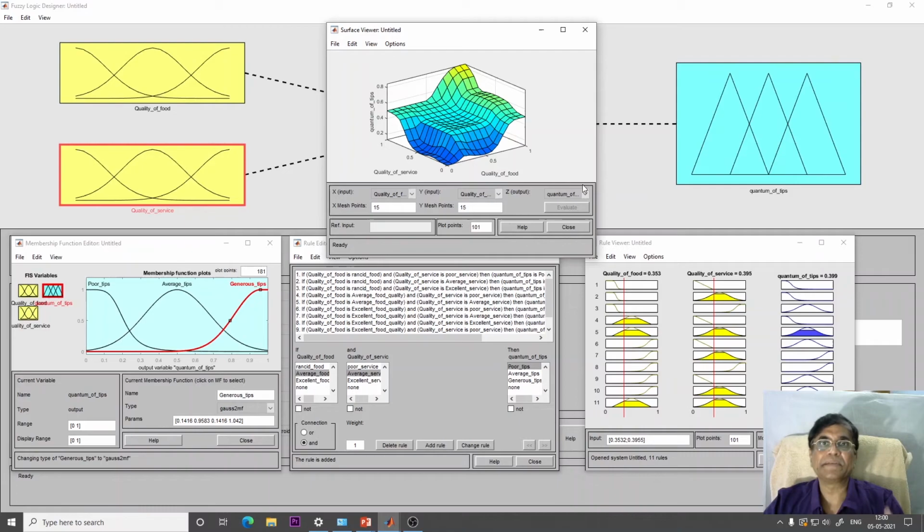Then what will be the temperature of the water which the machine is using for washing. If it is woolen cloth, it will be something. If it is cotton cloth, it will be something else. So all this you can take as an input and write a fuzzy inference system just like this, and then redesign so that optimum design is obtained.